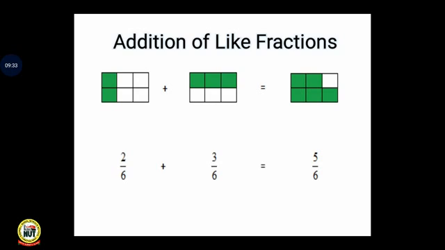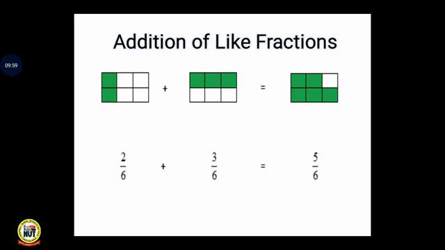The denominators are the same, so you just pick one of them. Pick one of the denominators and add the numerators. Your concern should be on the numerators, not the denominators. You have to add the numerators only. You are not to add the denominators.